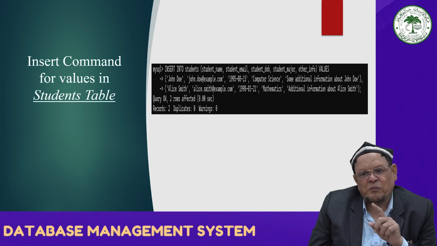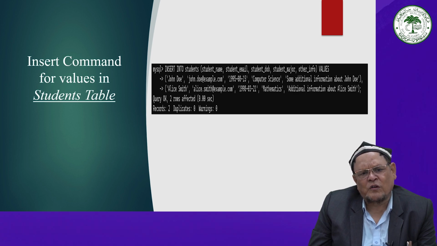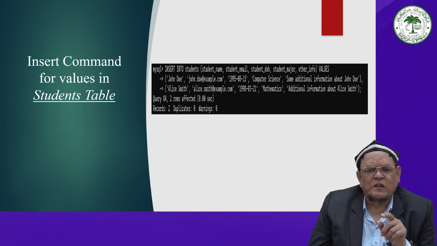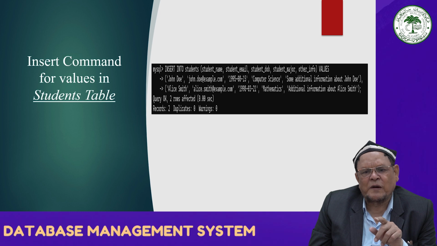So then the parenthesis should be closed. This will be one record, one tuple that will be added. If you want to add more, in the example I have taken 2 records. So for the second, Alice Smith, in the code you have to write, comma, alicesmith@example.com, this is the email, then comma, 21st March 1998, then the major is mathematics, then additional information about Alice Smith.